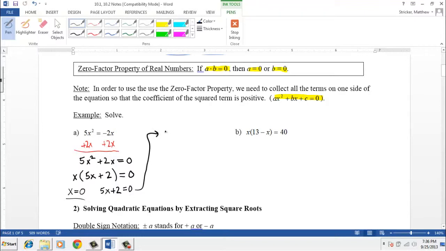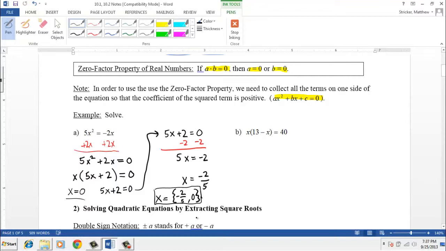If I have 5x plus 2 equals 0, then after subtracting 2 from both sides, we'll have 5x equals negative 2, which means x equals negative 2 divided by 5. So we have two answers: x equals negative 2/5 and 0. And that's how we solve a quadratic equation by factoring.